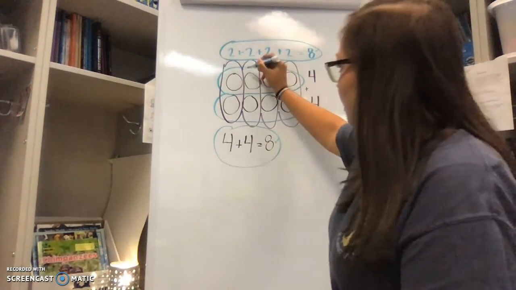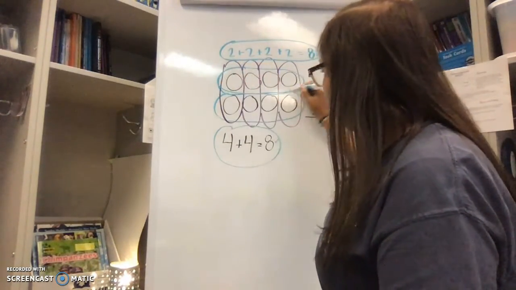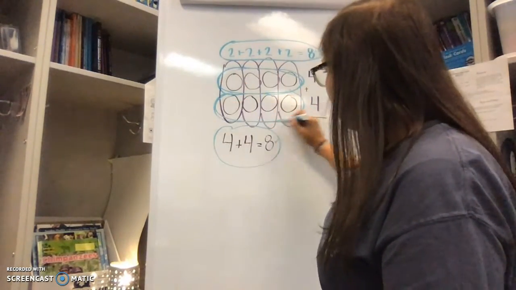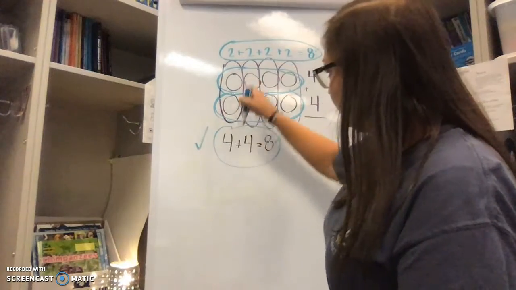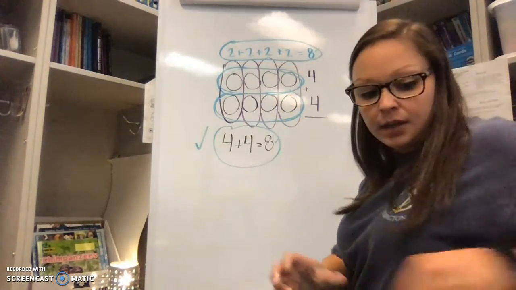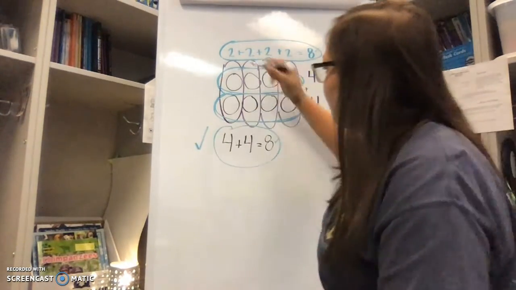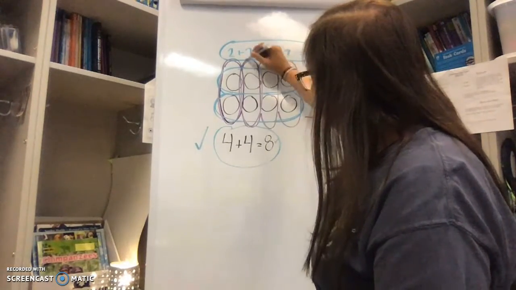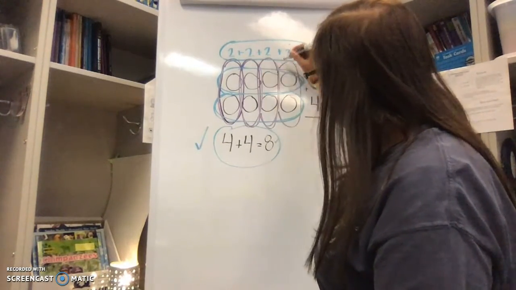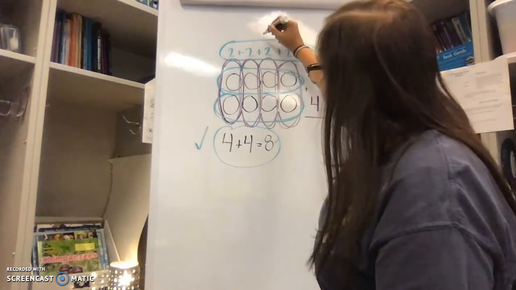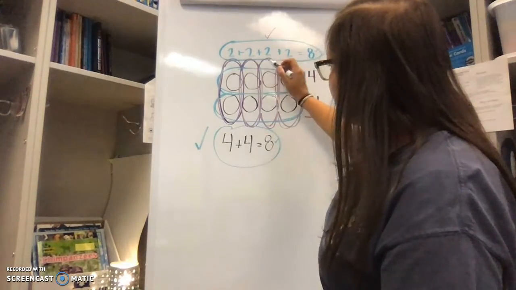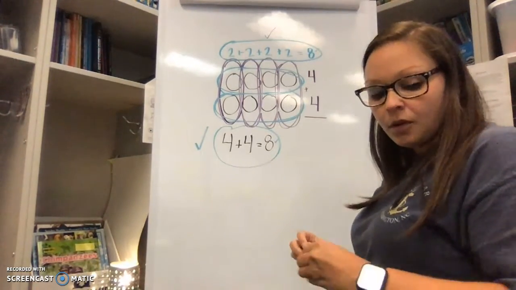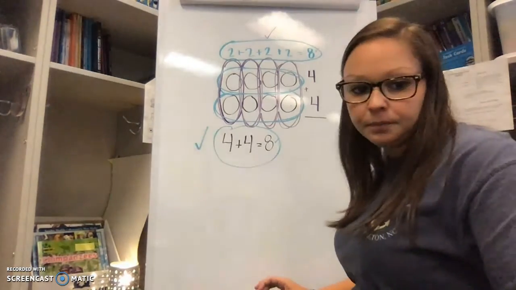So here I'm counting 4 plus 4, and that matches 4 and 4. And here I'm counting 2 plus 2 plus 2 plus 2, and that matches this. 1, 2, 3, 4 2s. Okay, let's practice another one.